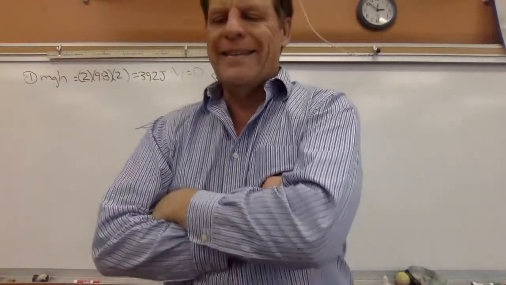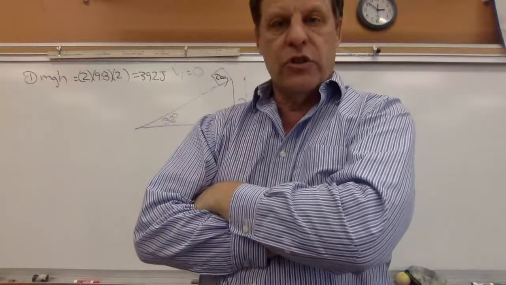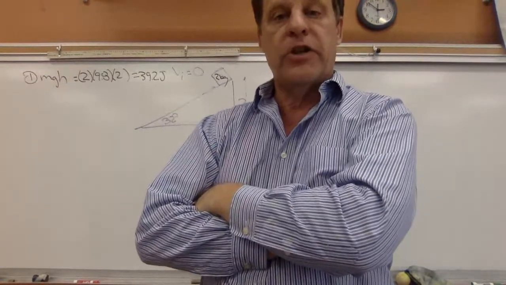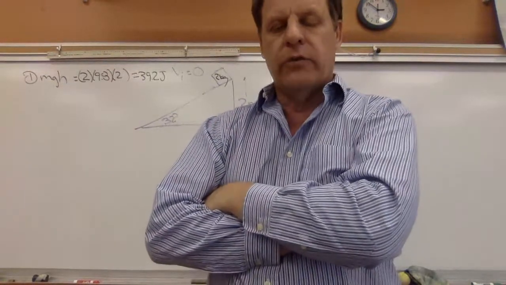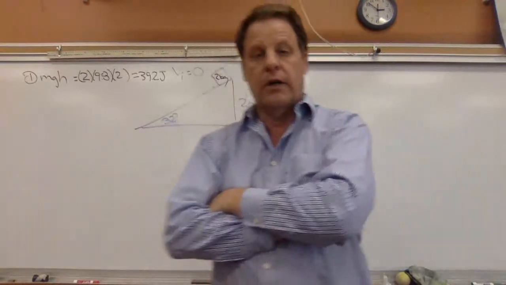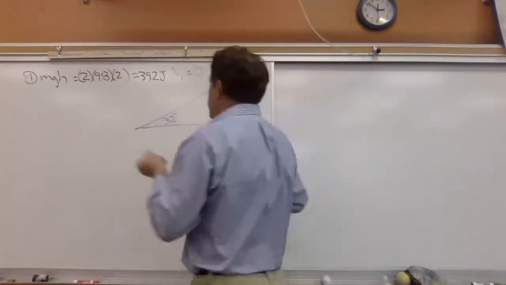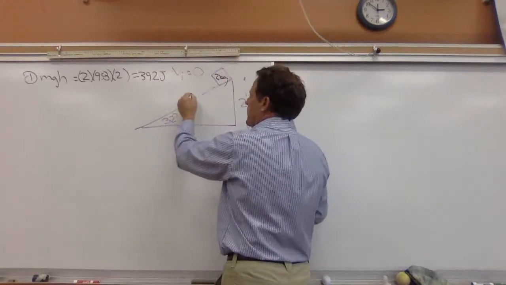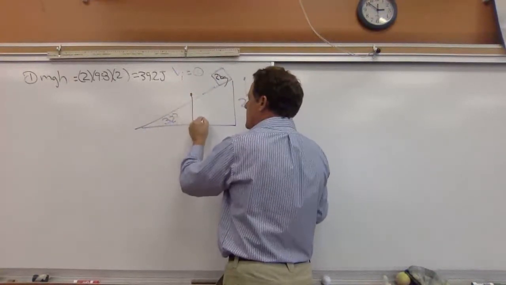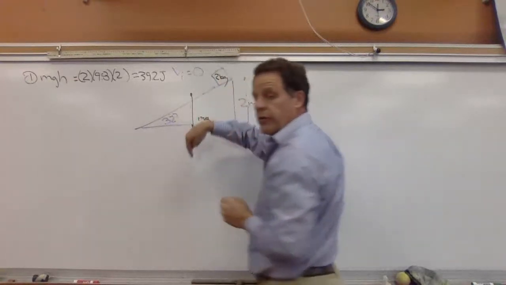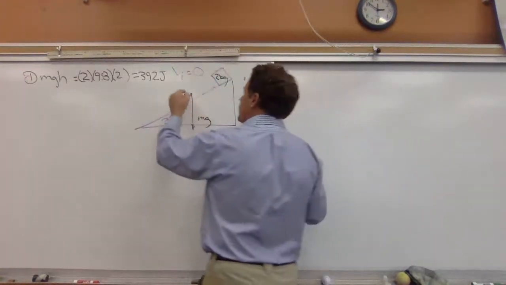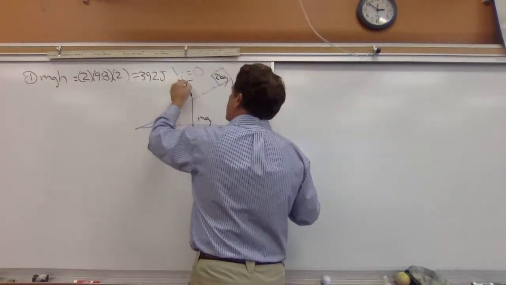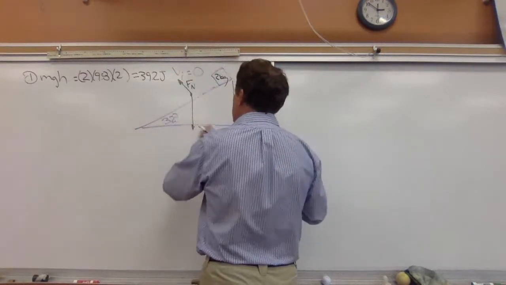What is the initial gravitational acceleration down the ramp? We need to go back to our free body diagrams. When we draw a free body diagram, we think of this block as being right here. Going down is the force of gravity, going up is the normal force.